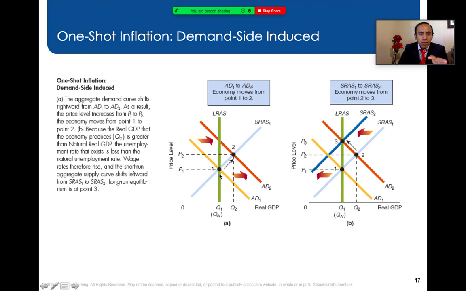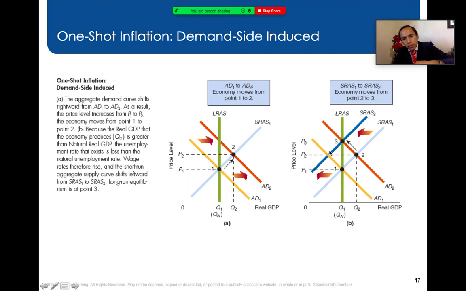Okay, so the aggregate demand shifts to the right. There's an increase in velocity, an increase in money, and increases aggregate demand. As a result, the price level rises here from P1 to P2. We have a short-term increase in the price, short-term increase in the level of GDP, and the economy goes to point 2 in the short term.